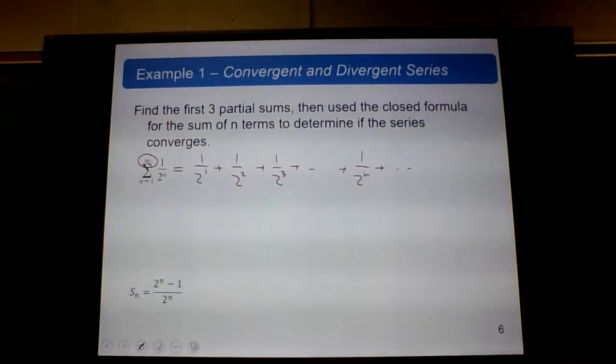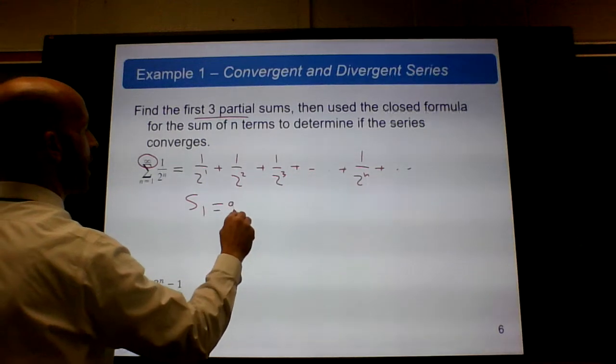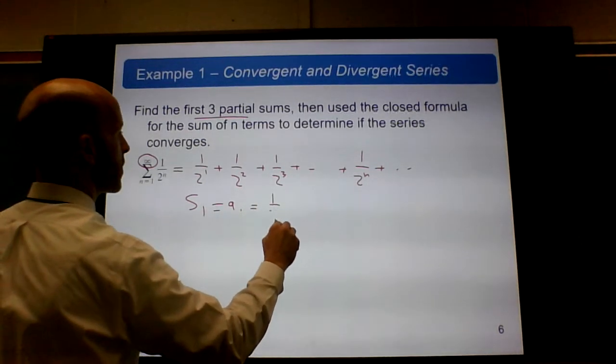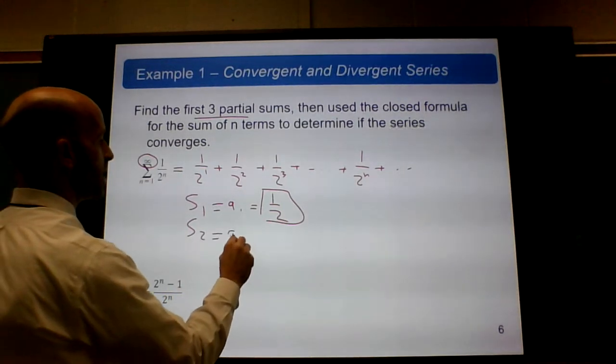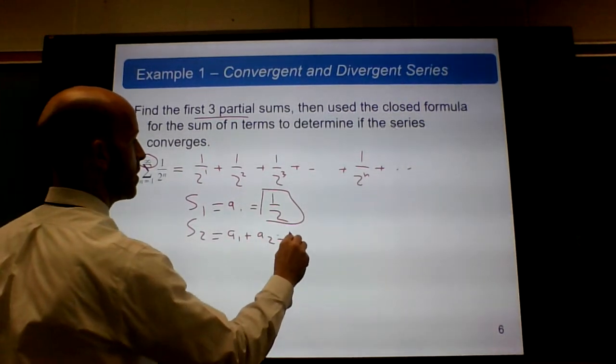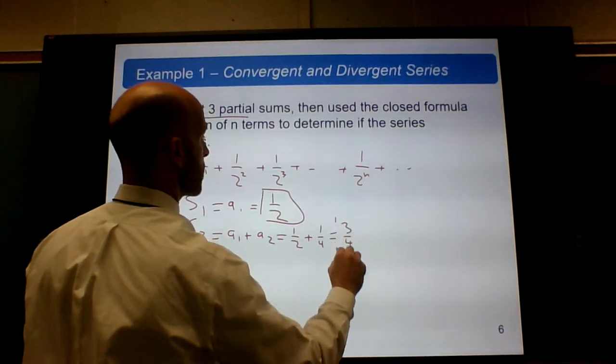So the question says, what are the first 3 partial sums? Well, S sub 1, which is a sub 1, is simply 1/2. S sub 2, which is a sub 1 plus a sub 2, is going to be 1/2 plus 1/4, which is 3/4.